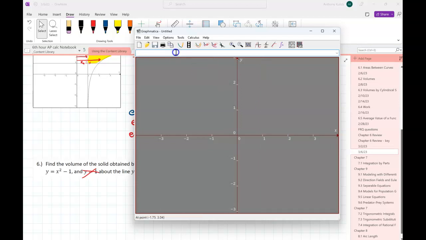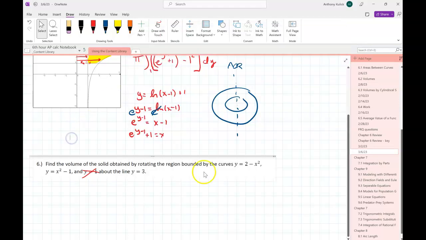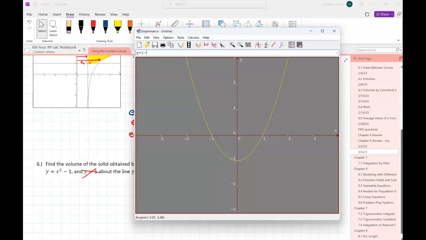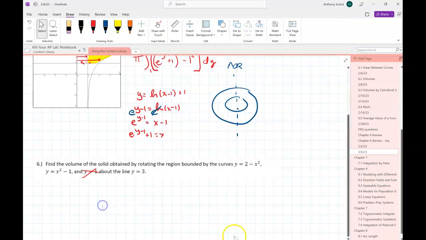But let's type this in, right? y equals x squared minus 1. And then we had y equals 2 minus x squared. And then we have the line y equals 3.